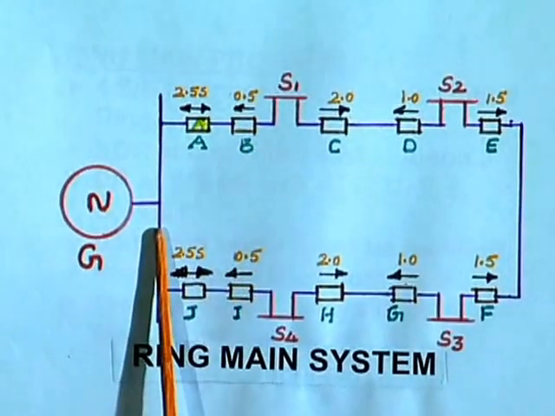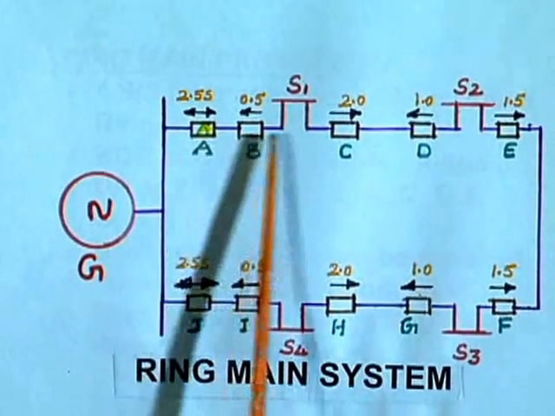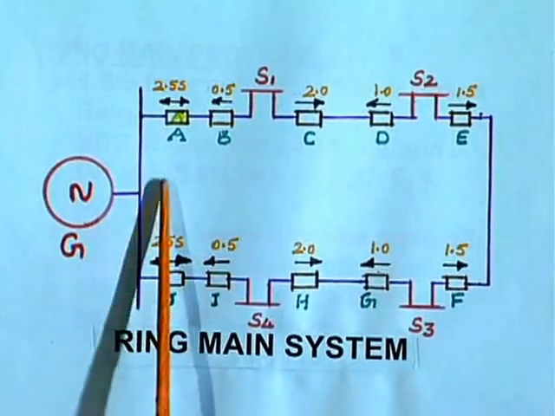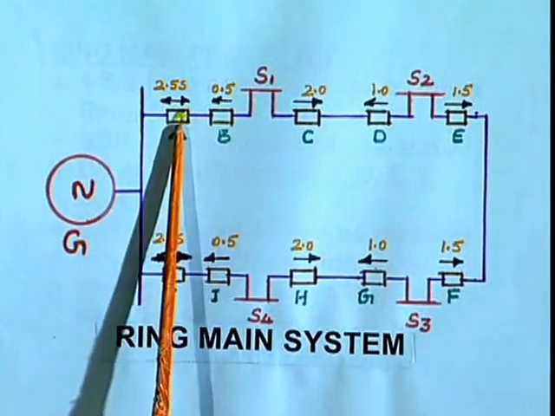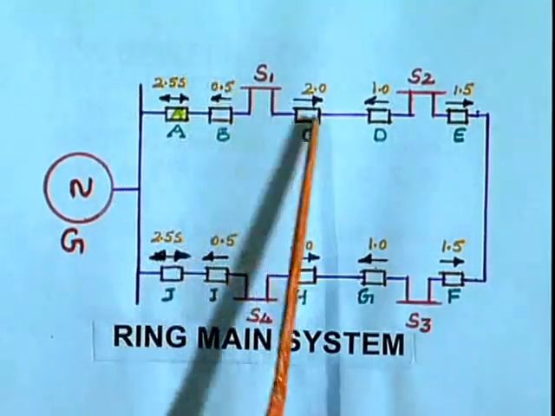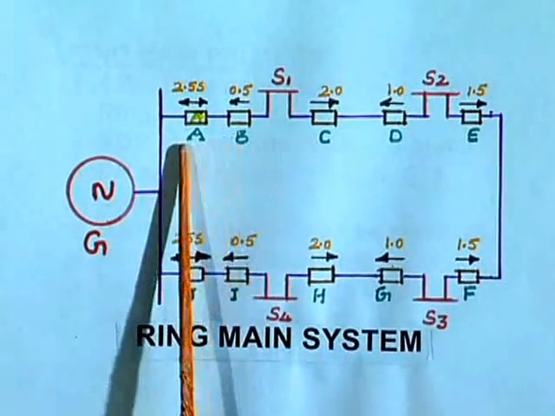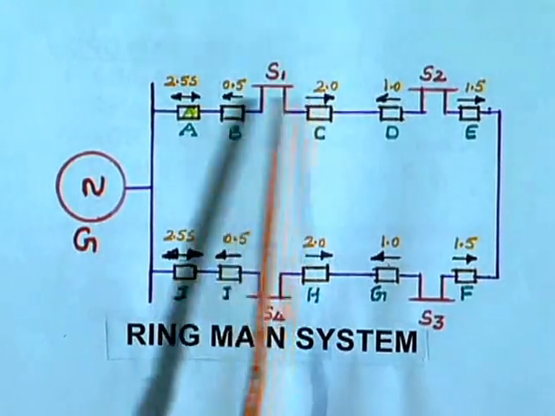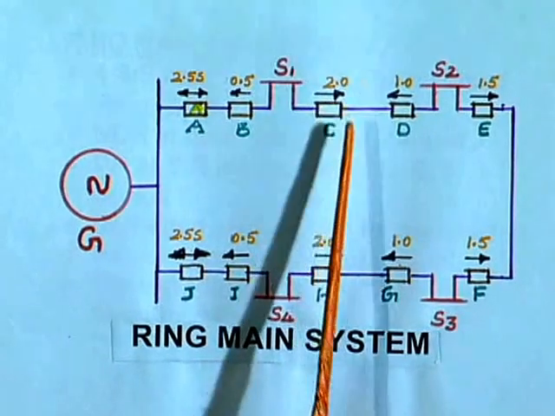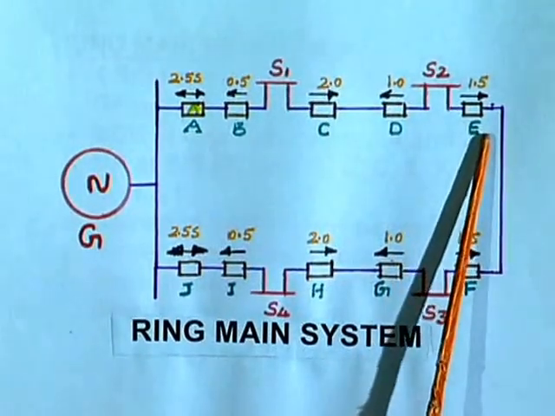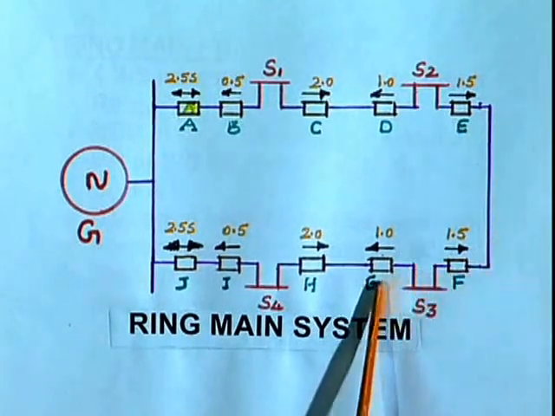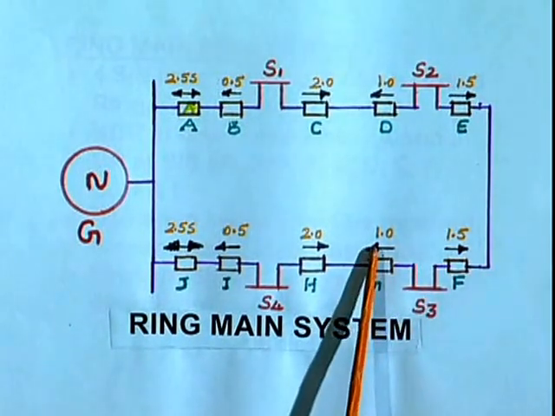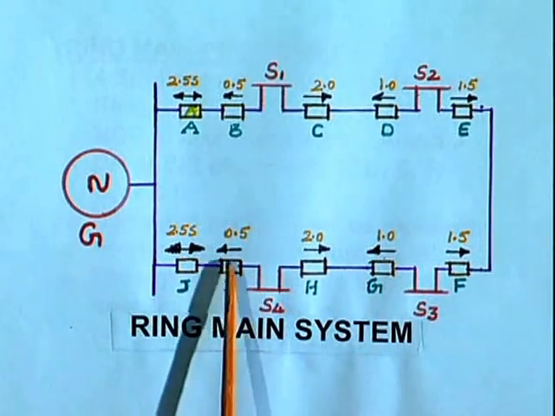Now start from the generator, and take this side from substation 1 to 2. The first one is set for 2.5 seconds, non-directional relay, then the other relay, C, that is 2 seconds, a decrement of 0.5 second. Then C to E, bypassing D, is 1.5 seconds, E to G is 1 second, then G to I is 0.5 second.